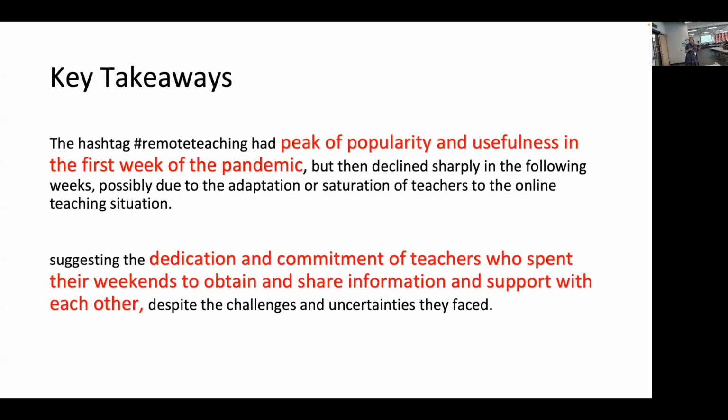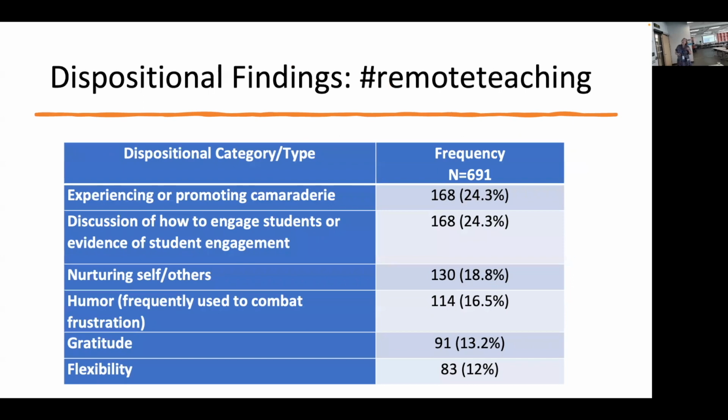And then when we look into it more closely in a dispositional manner, again, just with the remote teaching, because those other two I was looking at were just sparse at this time, we get a lot of tweets, and then I've broken them down by what was going on. I tried to read them carefully and had another person reading them, and we tried to get agreement about where we stood.